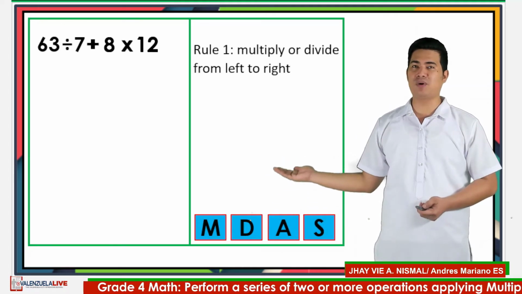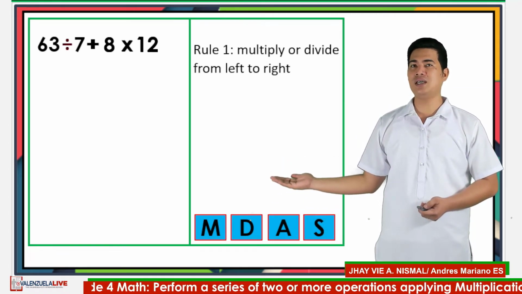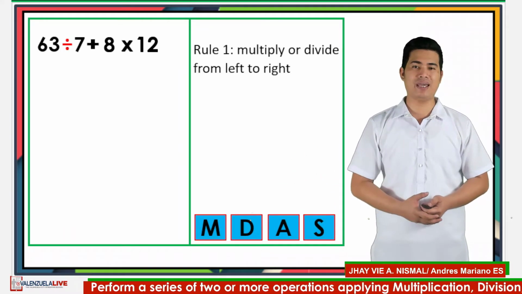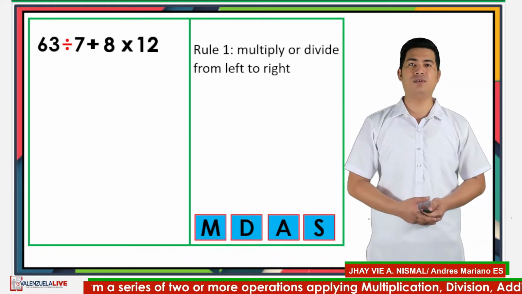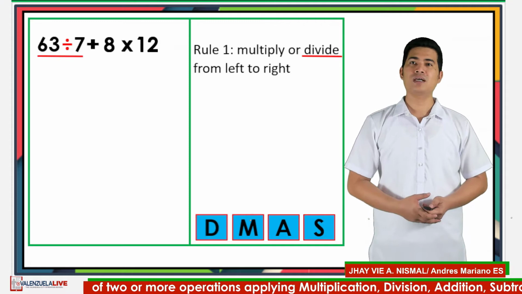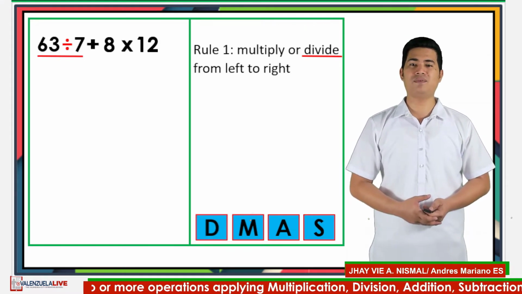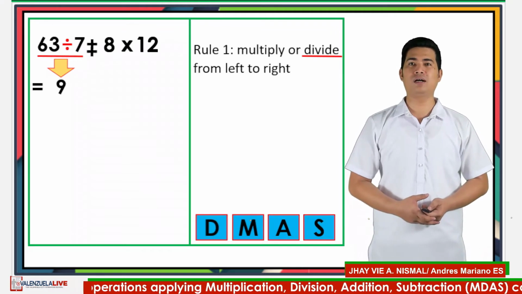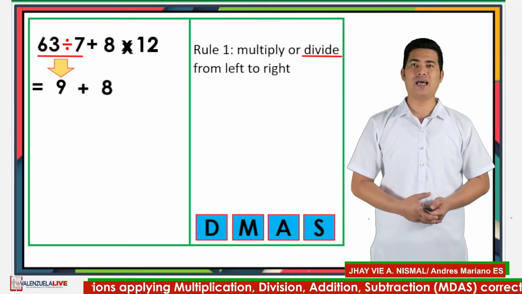Look at the expression. Since division comes first in the order from left to right, then let us execute division first. Let's divide. 63 divided by 7 is equal to 9. Then bring down plus 8 times 12.